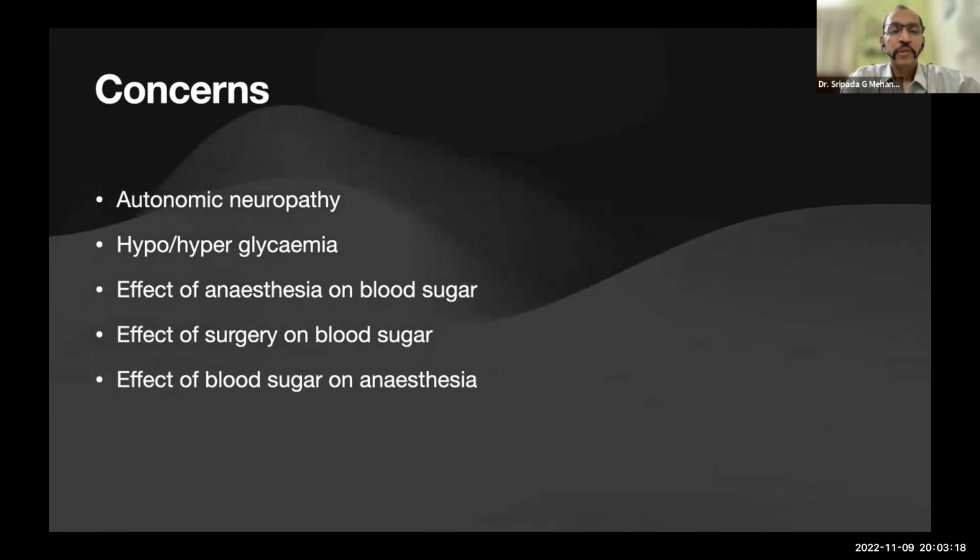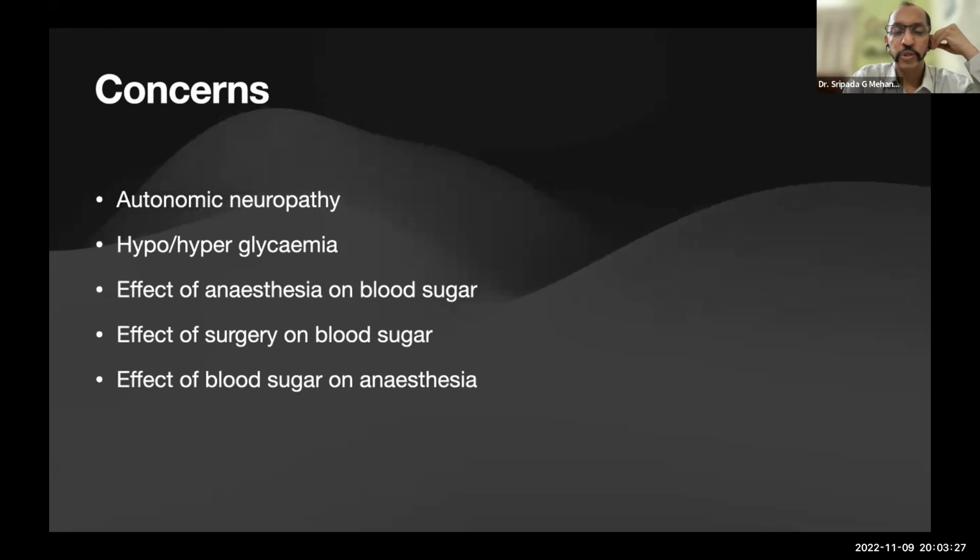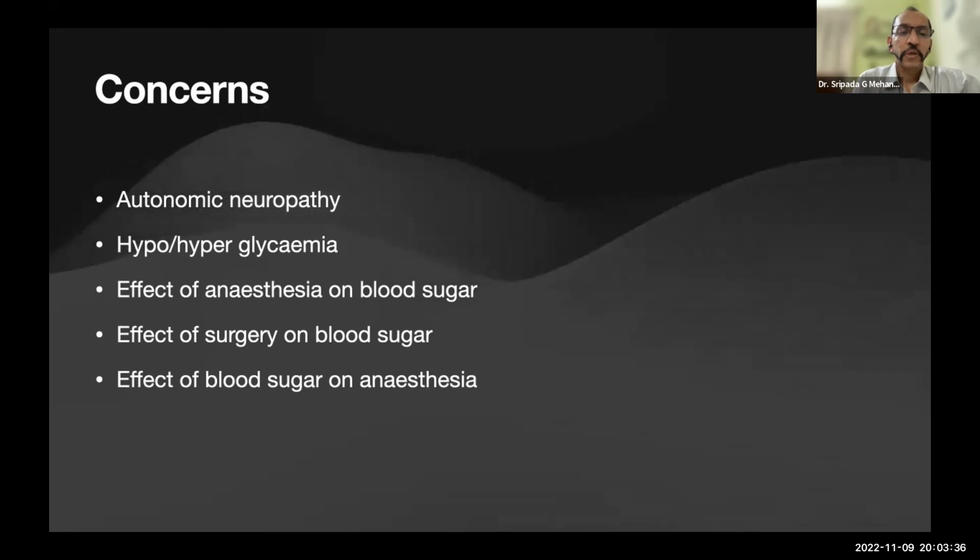Then there is hypo or hyperglycemia perioperatively, effect of anesthesia on blood sugar, effect of surgery on blood sugar. All these factors have already been discussed to some extent. And then effect of blood sugar on anesthesia, which is a small topic yet. Then a few words about the other issues.